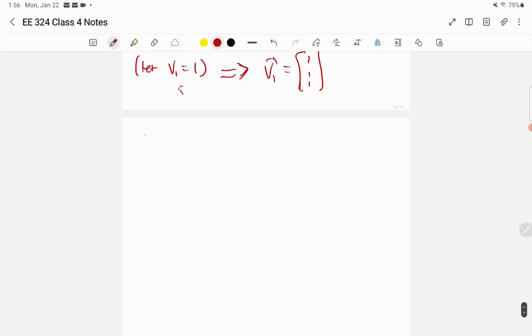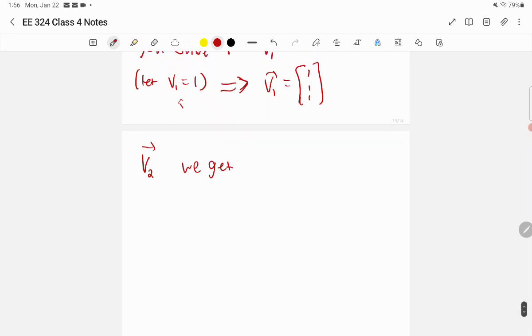Then for v2, I'm going to let you again solve everything out, but we get equations v1 minus v2 minus v3 equal to 0, three times.